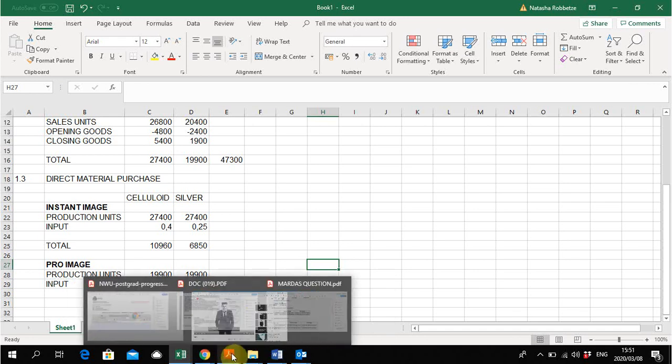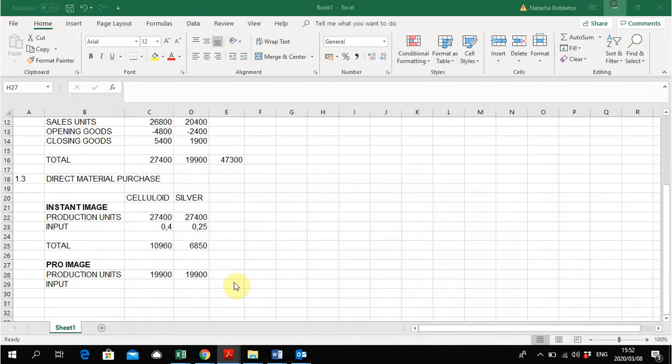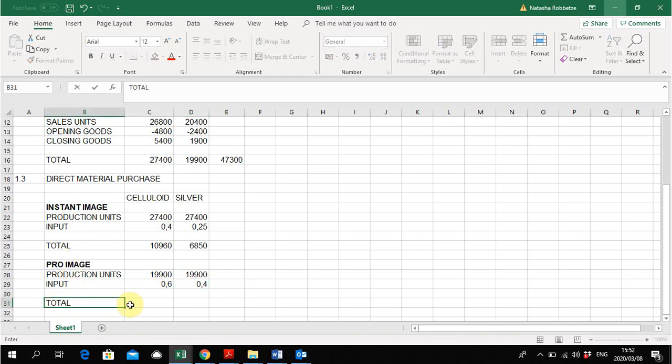If we go back to our question, you will see that for Pro image it's 0.6 of the celluloid, 0.4 of the silver. Right, so I'm filling that in, and then I need to get to a total again, and I will again multiply the units by the input.